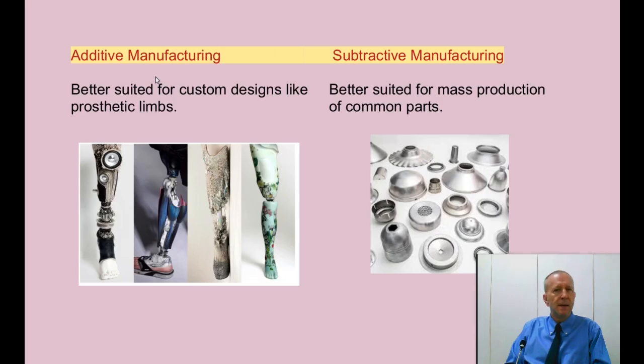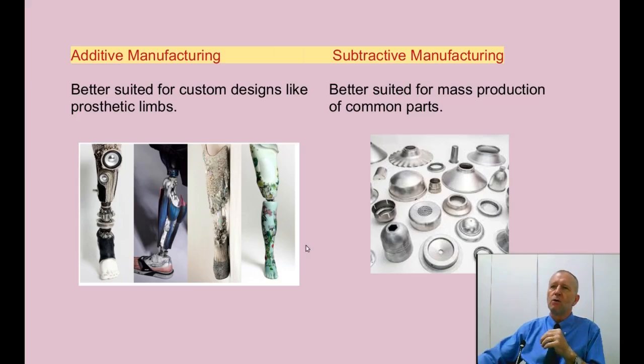Anytime you have to make something that's different from everything else, then you need custom designs. And in this case, custom designs for prosthetic limbs are good in that we can design them to fit that one individual more precisely.